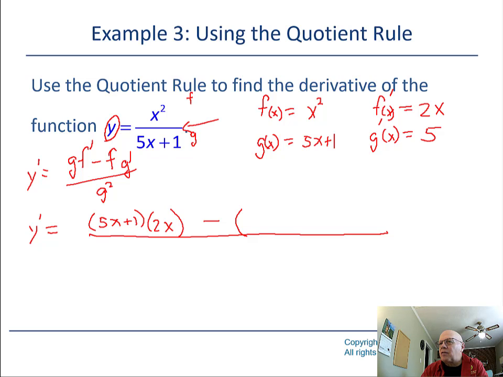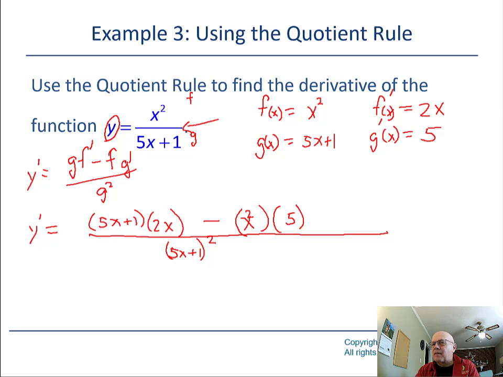F itself is right here, waiting for us, x squared. And g prime, we've already got g prime ready. There's our 5. Over the square of what's below. What's below is 5x plus 1, which is, again, right there, but we need to square it. So 5x plus 1, quantity squared. And we're ready to go.